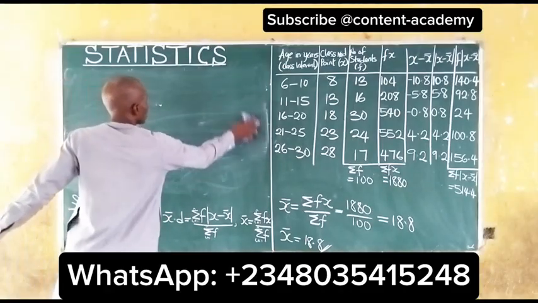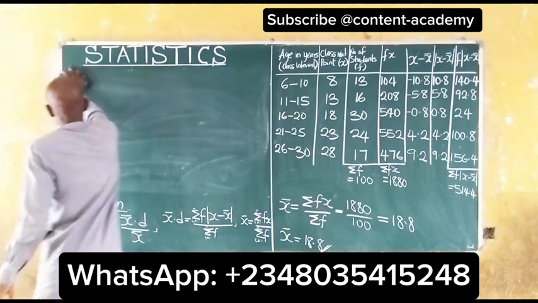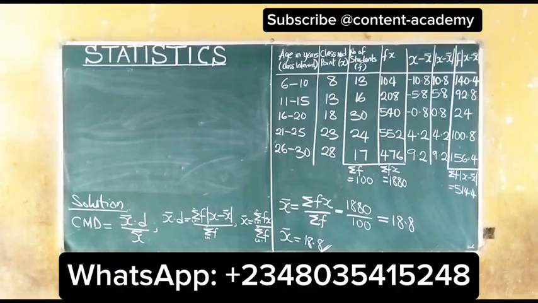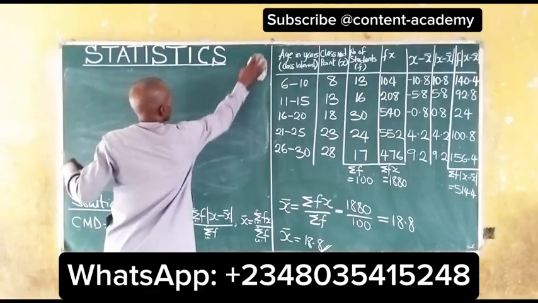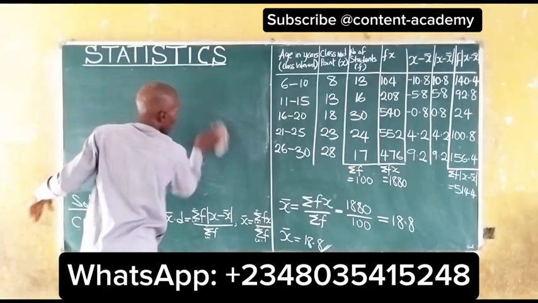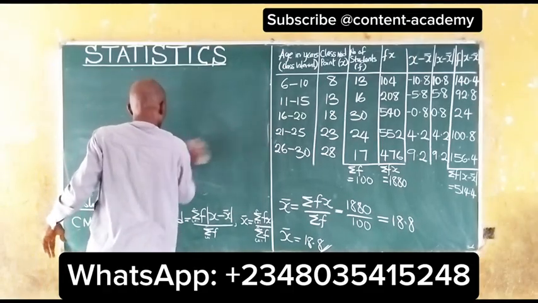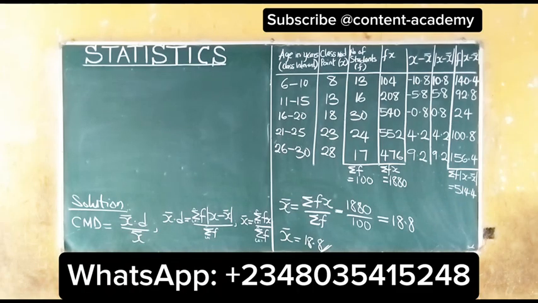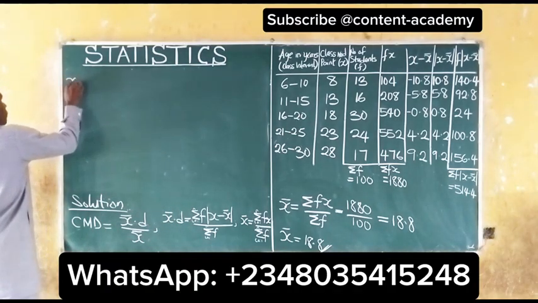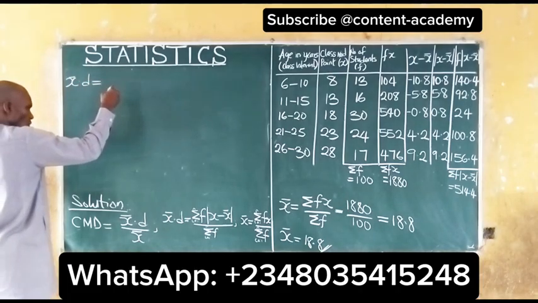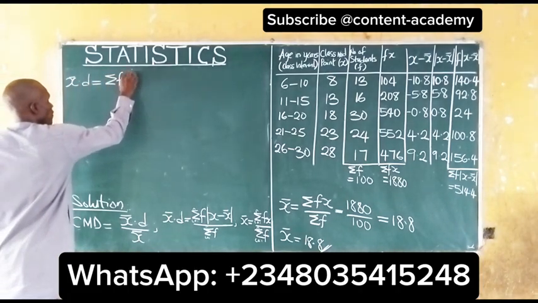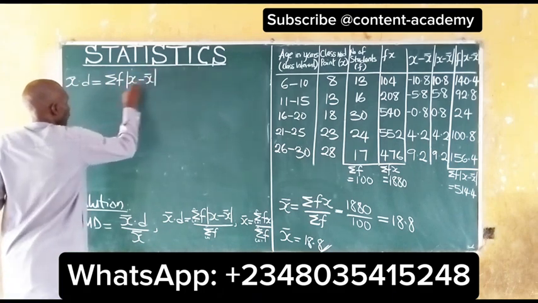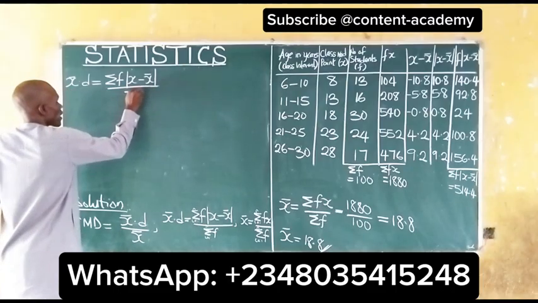So we are asked to calculate the coefficient of the mean deviation. So we have to calculate for this, which is x bar multiplied by the deviation, equal to summation of f of x minus x bar all over summation of f.